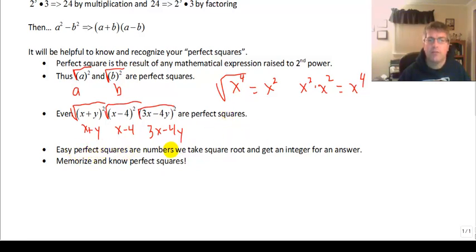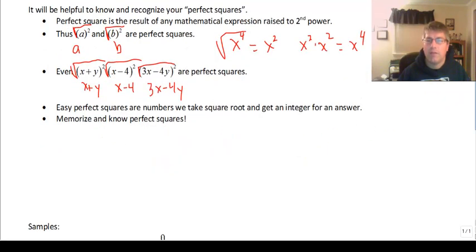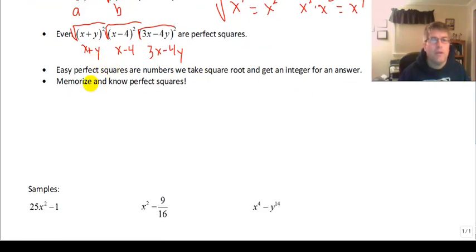So the easiest perfect squares are numbers that we can take the square root of and get an integer for the answer. You guys are going to need to memorize and know your perfect squares. So, for example, 1 squared, well, 1 times 1 is 1, and the square root of 1 is also 1. That makes 1 a perfect square, probably the most commonly forgotten perfect square. 2 squared is 4, and the square root of 4 is 2, making 4 a perfect square.